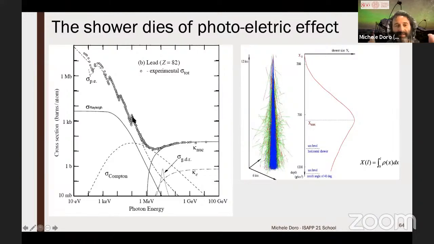So you multiply the particles, you divide the energy, and your gamma rays go down until they are just absorbed by matter. This means that the shower has a kind of longitudinal development, in which you start with few particles, then you have a shower maximum number of particles, and then they decrease. It's important because the peak of this depends on the energy of the particle.